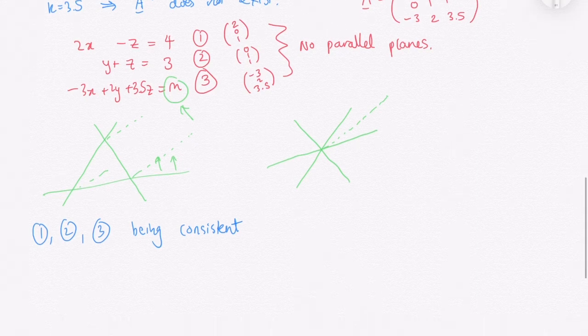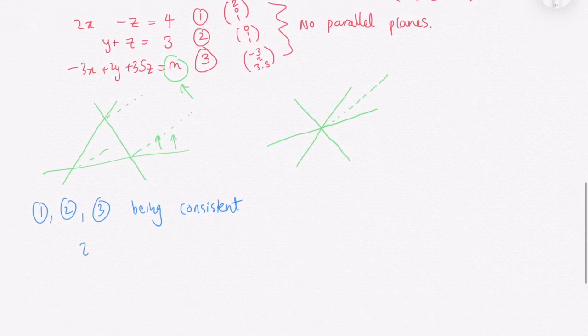I'm just going to stick with equation 1, which is 2x minus z equals 4, and then I'm going to take equations 2 and 3 and eliminate y from them.